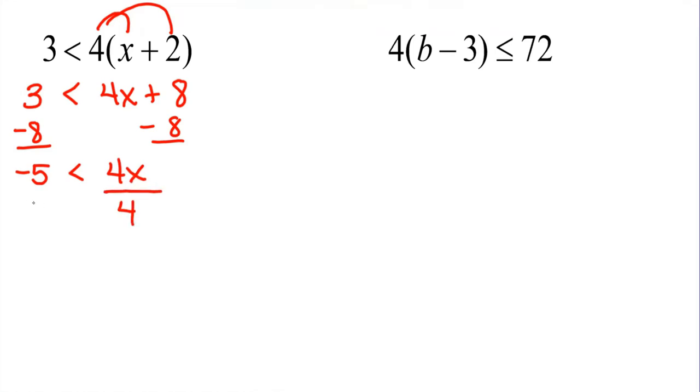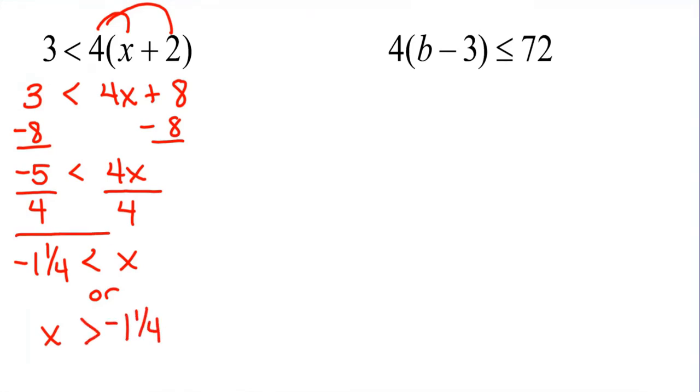Notice I'm dividing by a positive number, so I am not going to switch my inequality symbol around. This is negative 1 1/4 is less than x. And then again, remember, we can reverse that to write it with the variable on the left-hand side. x is greater than negative 1 1/4.